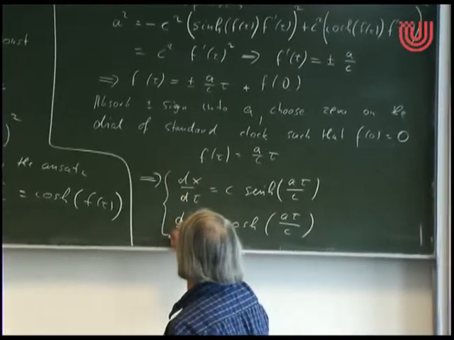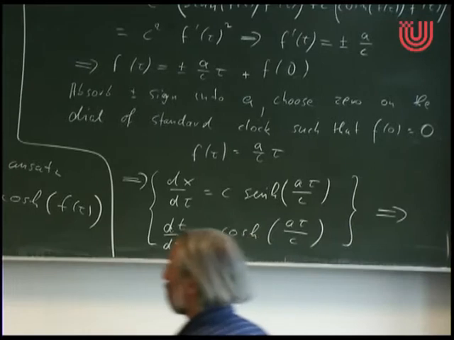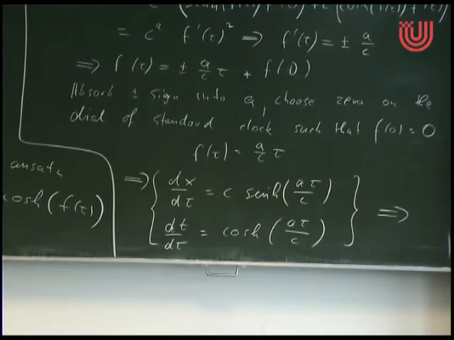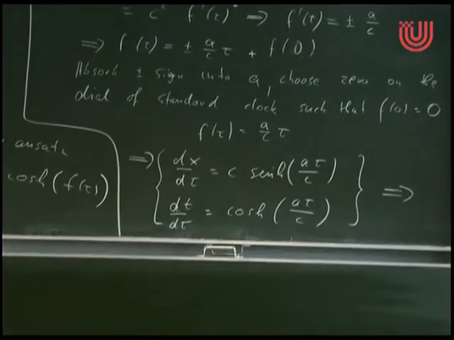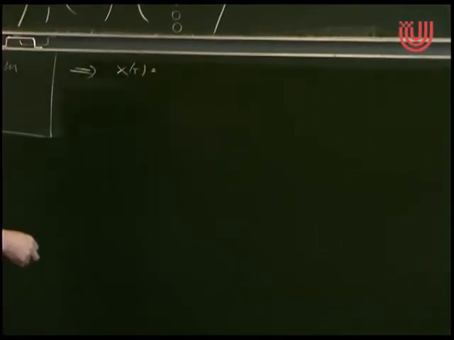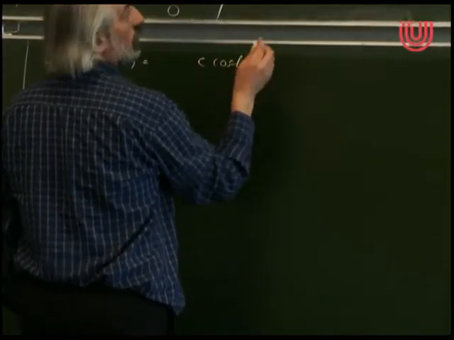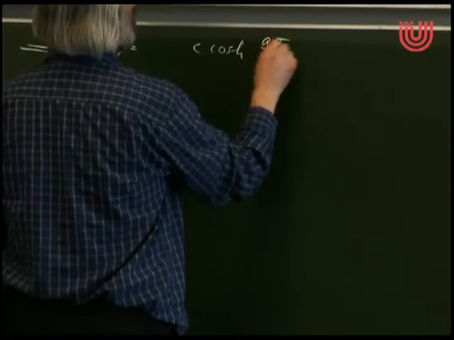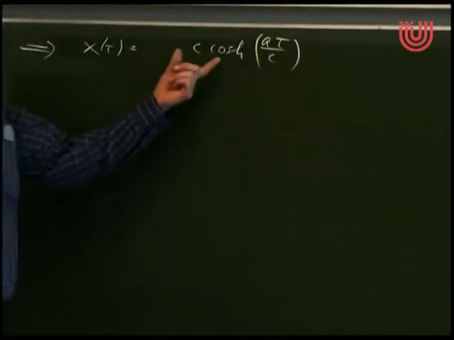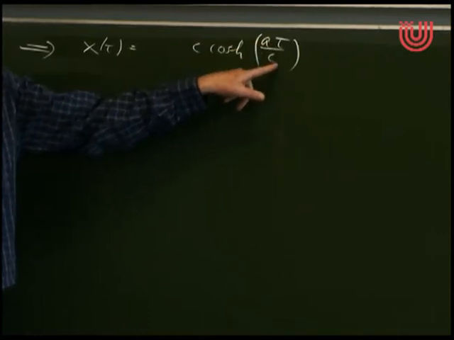So we integrate this another time. And then we get x of tau is c times cosh a tau over c. If I take the derivative of this, I get the sinh, and I get a factor a over c.